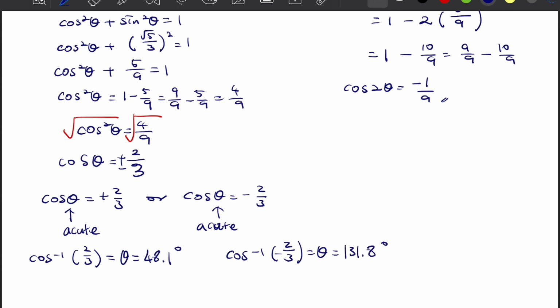So cosine theta with negative 2 over 3 is not the correct answer, as it gives an obtuse angle. Okay, so your correct answer is cosine theta equals 2 over 3, as theta is equal to 48.1 degrees.